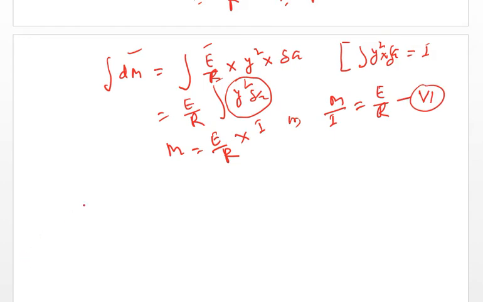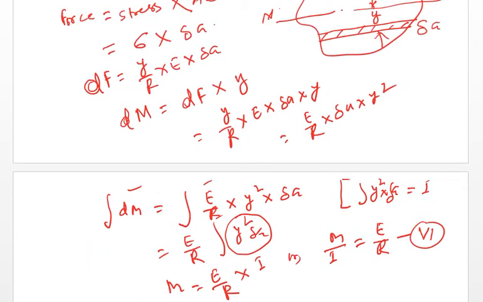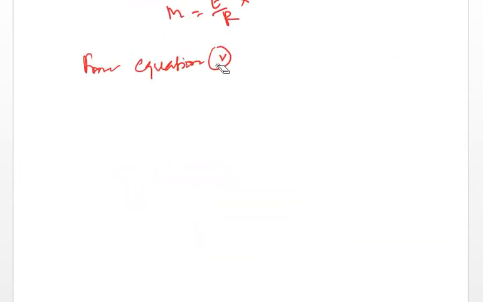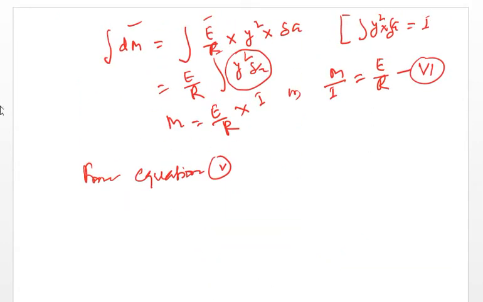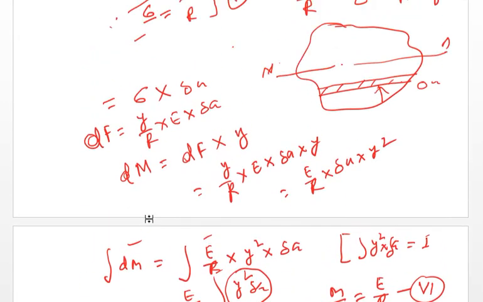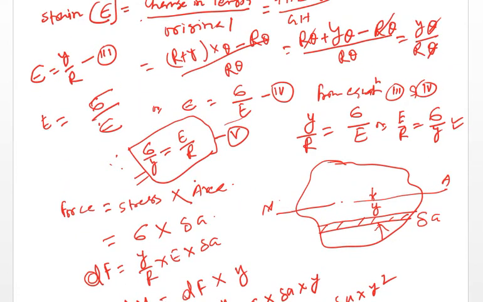So from equation 5 and 6, we get, what we get in equation number 5: E upon R is equal to stress upon y.